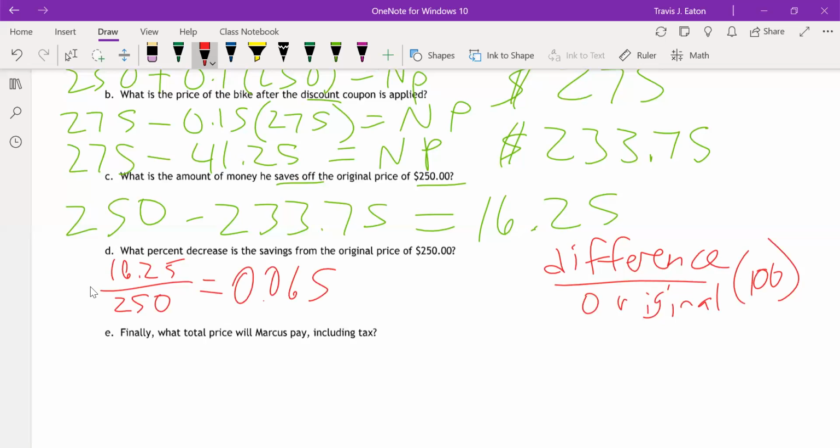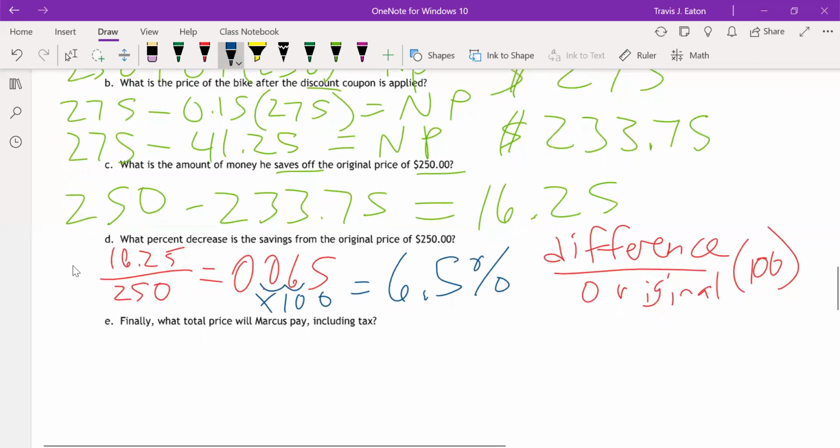But that's not a percent, is it? So we have to multiply that by 100, which moves our decimal two places to the right. 6.5%. So it was a 6.5% savings.